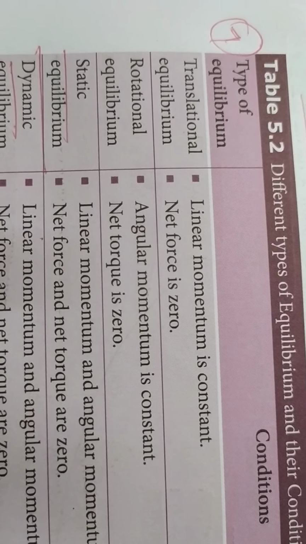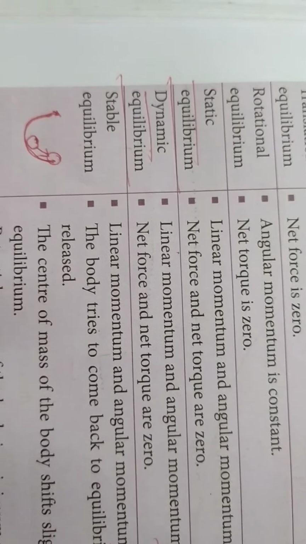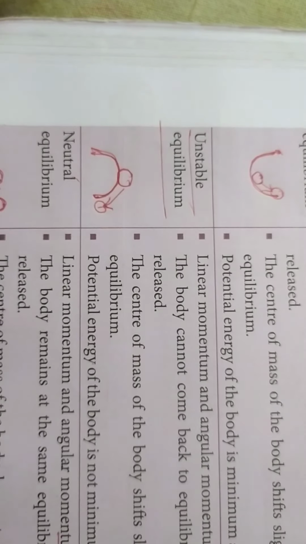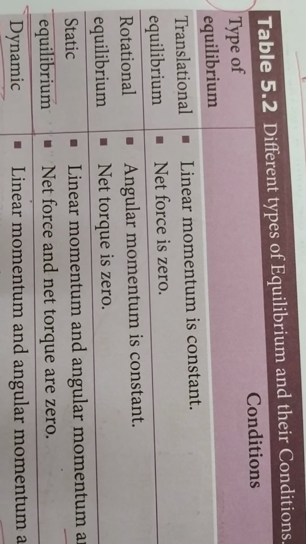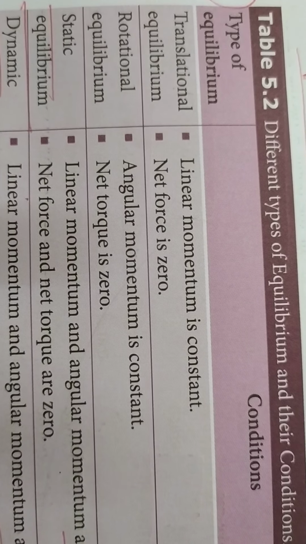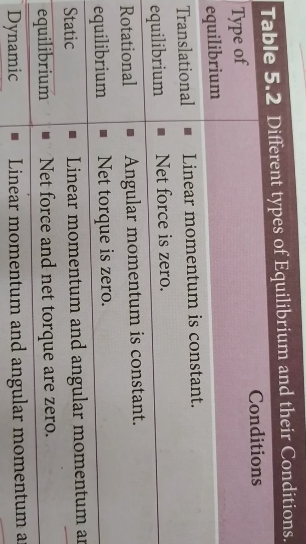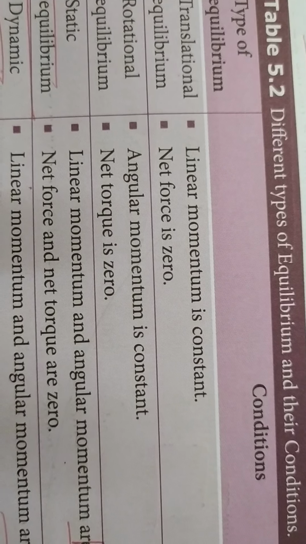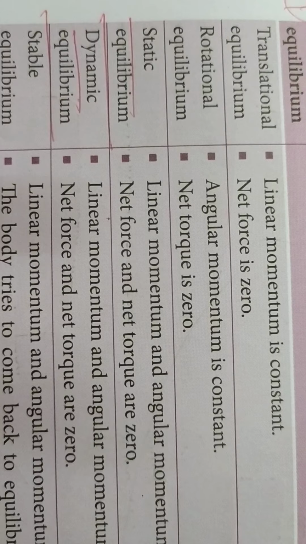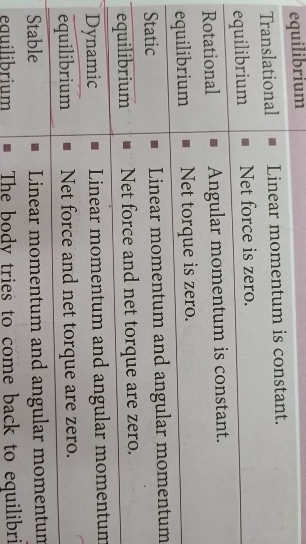There are 7 types of equilibrium: translational, rotational, static, dynamic, stable, unstable and neutral equilibrium. Translational equilibrium means a body is at rest and not moving at all. That means linear momentum is constant and net force is 0. Since it is translational, you should consider linear momentum and force. In rotational equilibrium, angular momentum is constant and net torque is 0.